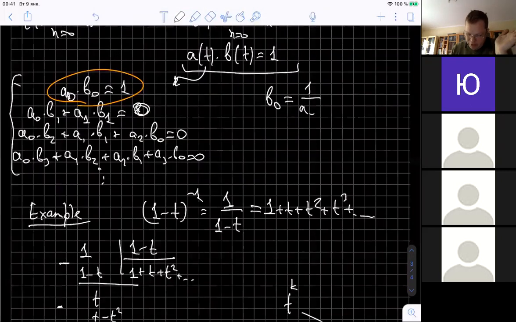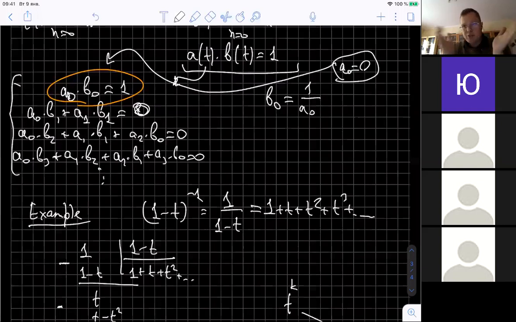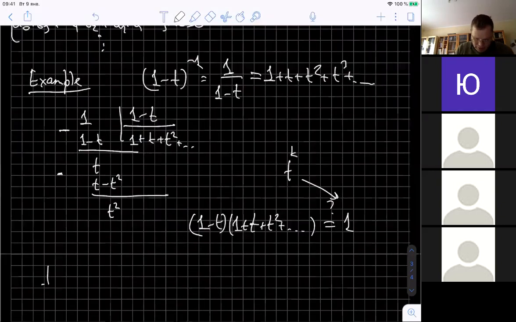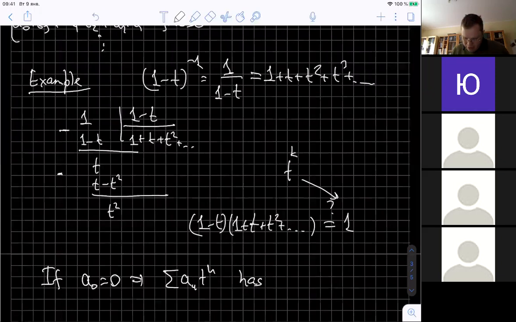If a0 is equal to 0, we cannot do it. The equation cannot be solved, so we cannot choose b0 such that the product is equal to 1. So if a0 is equal to 0, then the formal power series sum of an tn cannot be inverted. It has no inverse.